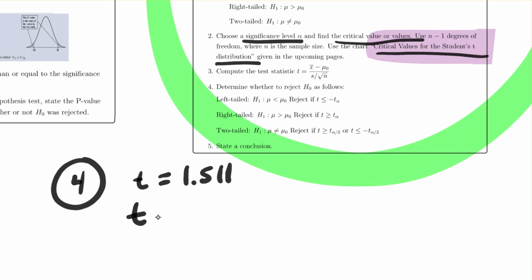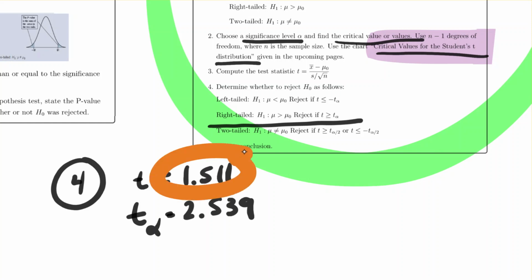Our critical value, T alpha, was 2.539. And the rule says reject if T is greater than or equal to T alpha. So we would need this value to be greater than this value in order for us to reject. We see clearly that that's not the case, so we know in this problem we will end up failing to reject H0.